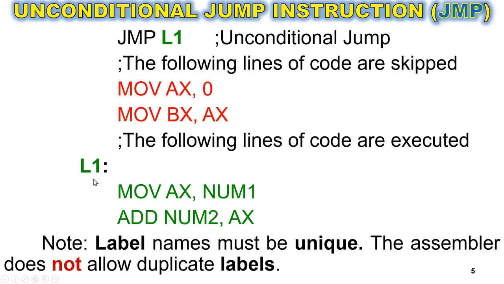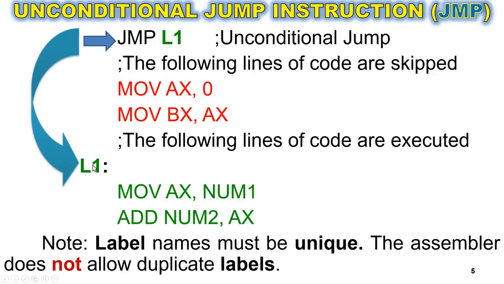When the assembler compiles this label, it will assign a memory address. And then that label will become a memory address so that our unconditional jump instruction, JMP, can jump to that memory address. When the CPU executes the command JMP L1, the CPU jumps to the label L1 like a frog.